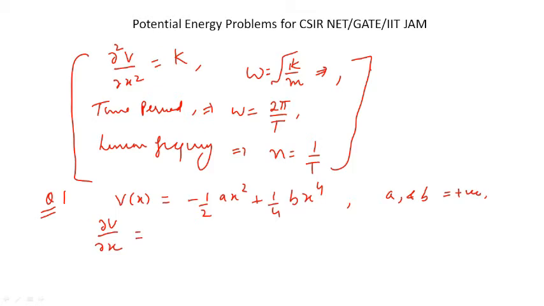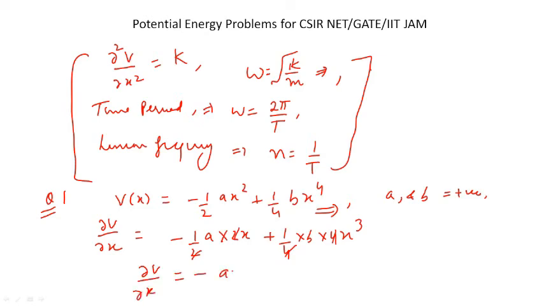We will differentiate this with respect to x, so it becomes minus 1 by 2 a into 2x plus 1 by 4 into b into 4x cube. So your del v over del x is equal to minus ax plus bx cube.